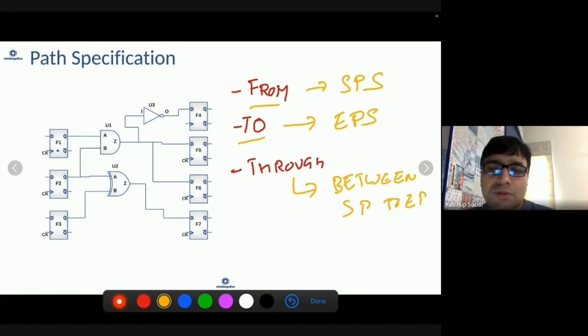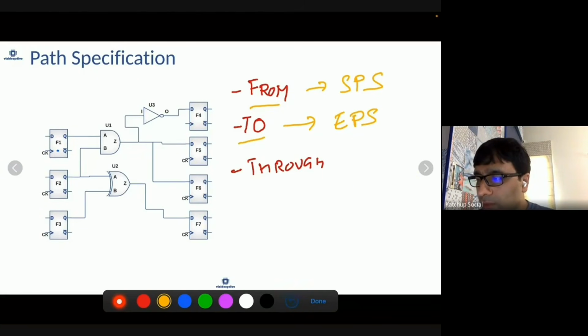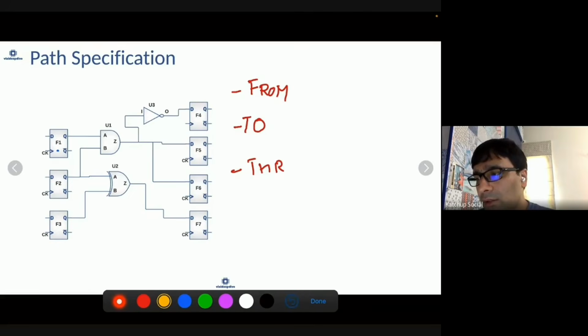And using these options, you can specify one or more paths to which you want to change the default behavior. So let's understand. Let's try to specify some of these options. Let's pick up a path here in the design.